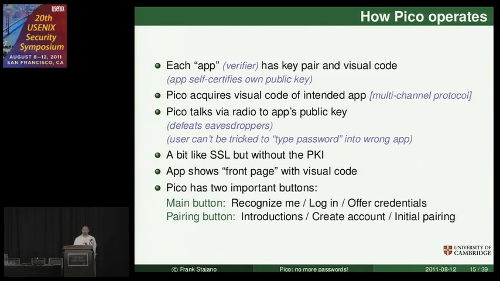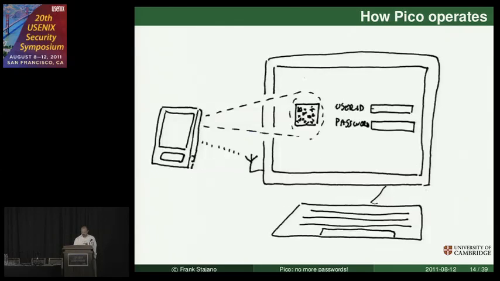So anytime you have in the traditional system an app that says user ID and password, in the Pico system you have an app that says user ID and password for legacy authenticators and a visual code.